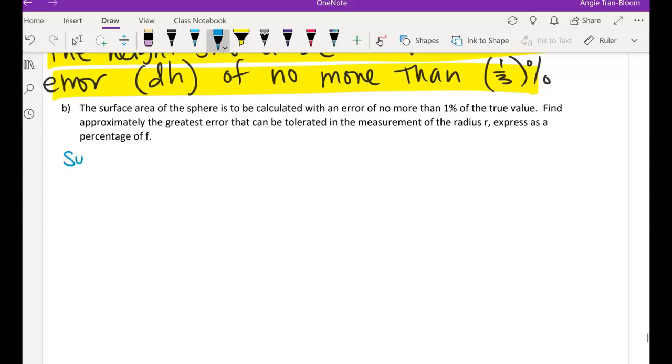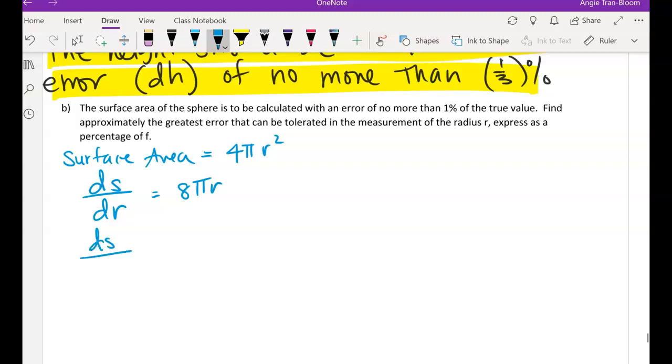And so that means surface area of the sphere is going to be 4 pi r squared. I'm probably going to need to do the derivative with respect to r. So let's take care of it. That's 8 pi times r. Let's solve for ds. So ds equals 8 pi r dr. All right, let's leave it alone.